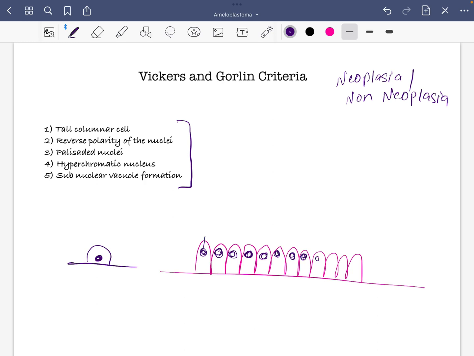Palisading is when they are arranged like wickets. Nuclei are hyperchromatic, meaning darkly stained, and there is subnuclear vacuole formation. Subnuclear means below the nucleus, there is formation of vacuoles. When you find cells like this in the basal layer, it is a sign that this lesion is neoplastic.